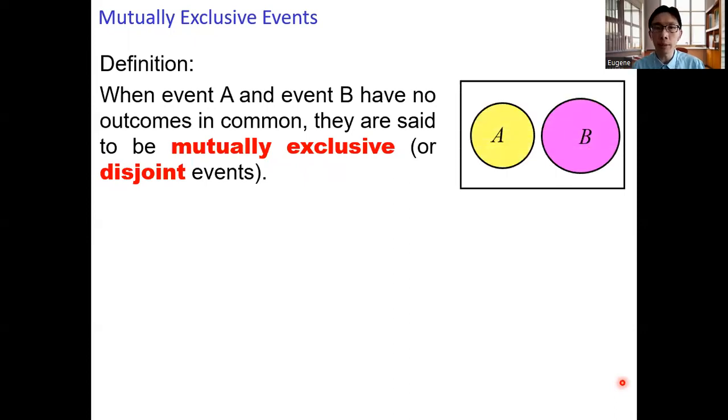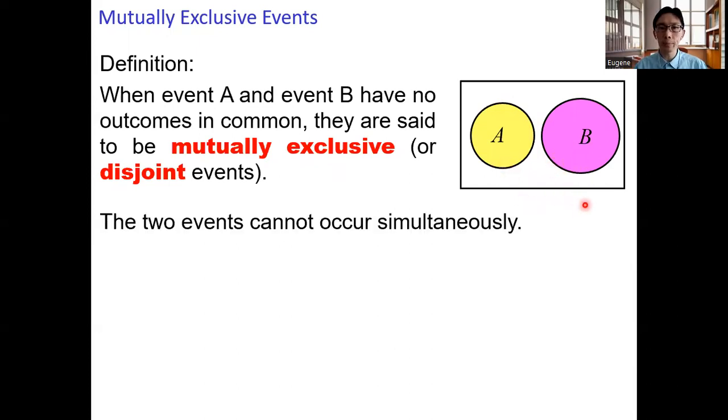Okay, no outcome in common. So when we draw the Venn diagram, the two circles do not overlap. So here, there's no overlapping region of circle A and circle B. So when there's no overlapping, we say that the two events are mutually exclusive, or they are disjoint events.